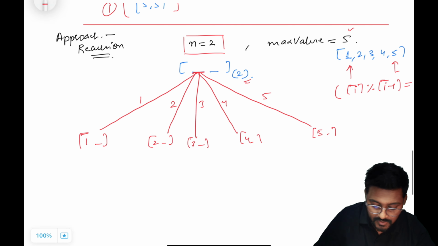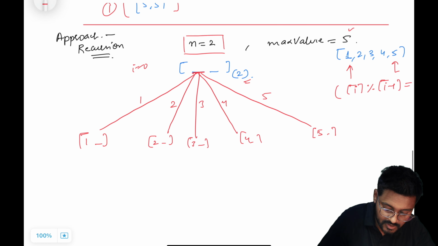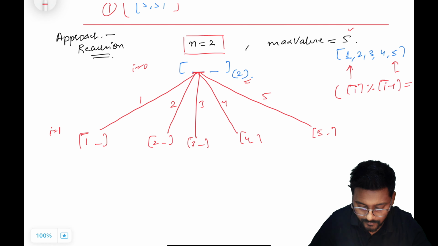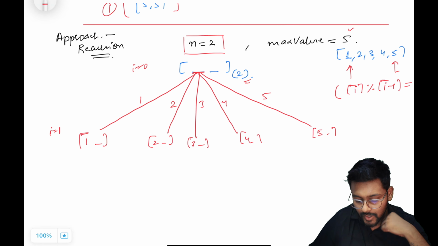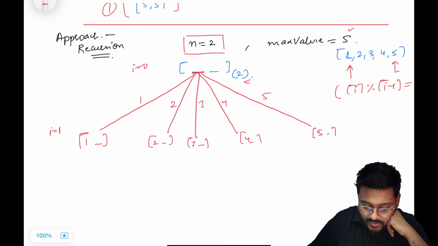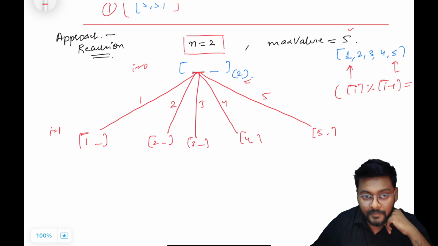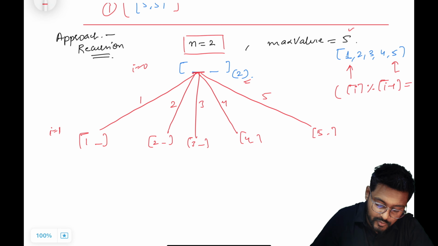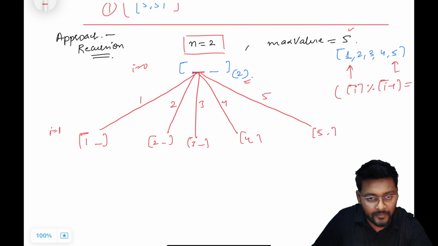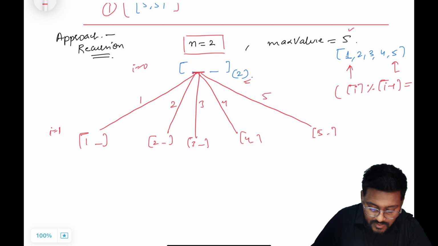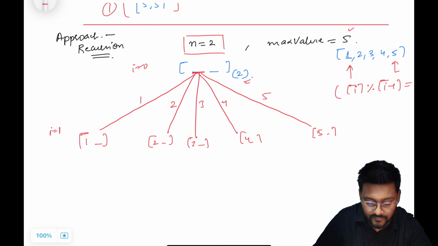Now at the second iteration, so this is like position 0 and this is position 1. In this position, what value should I choose? I can choose any value which is divisible by the previous one. Previously I have chosen 1, and now in this position I can either choose the same value, because the same value is divisible by the previous one, or I can pick a multiple of the previous one.